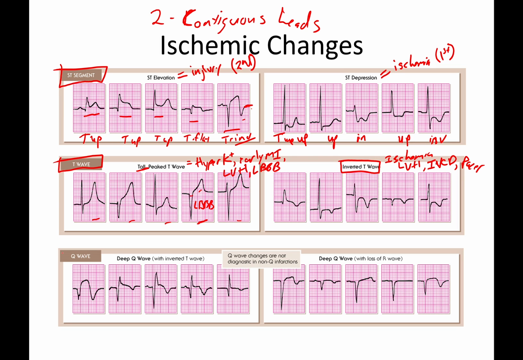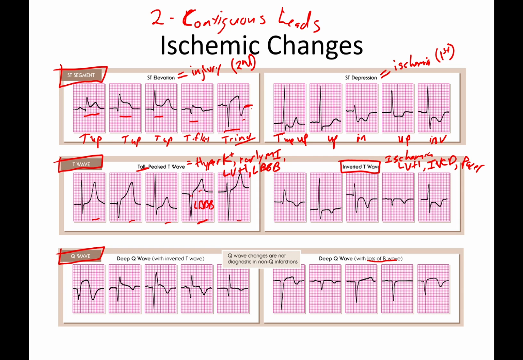Your Q wave. So Q waves are really, really tricky. Very tricky. I've got a whole slide set aside for that. But what I want you to keep in mind is two different types. There's the deep Q wave with an inverted T, and Q wave with loss of your R wave.